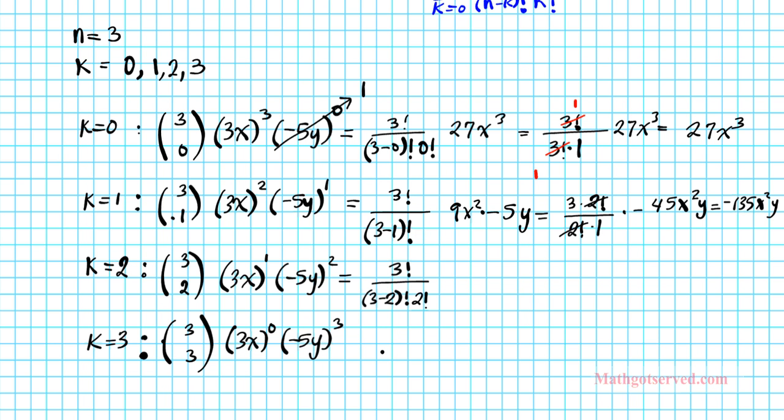Sorry about that. 1 factorial. The reason why I didn't mess up my answer is because 1 factorial and 0 factorial are the same thing, so that's 1. Okay, so that's straightened out. So we have 2 factorial here times 3x to the first power is just 3x. Negative 5 squared is going to become positive 25y squared.